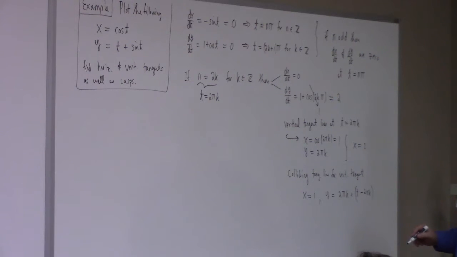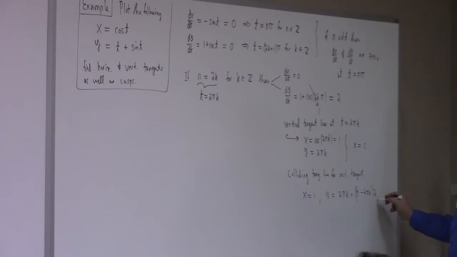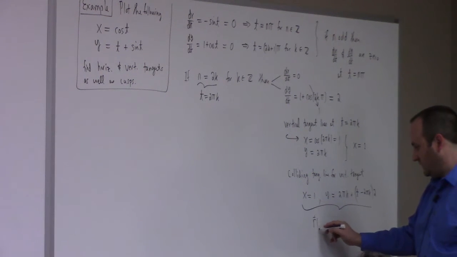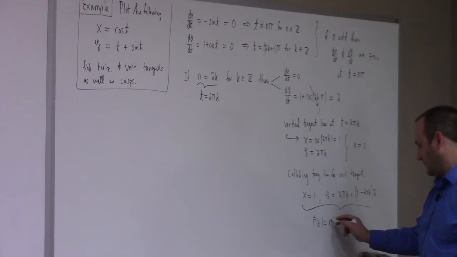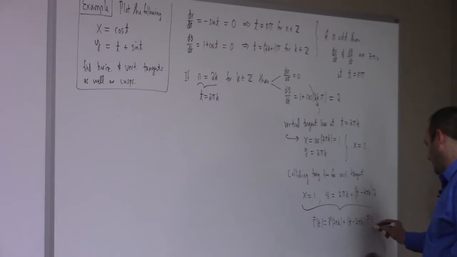And what's the y component of r prime? 2. This right here is just the scalar version of r of t is equal to r of 2 pi k plus t minus 2 pi k times r prime of 2 pi k. Okay, there you go.